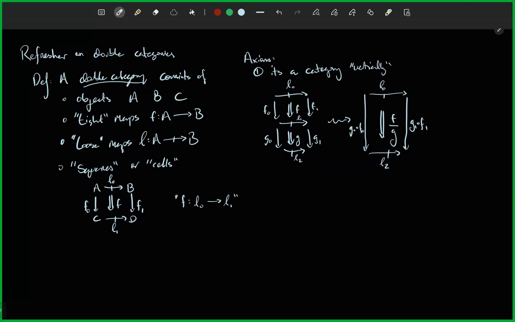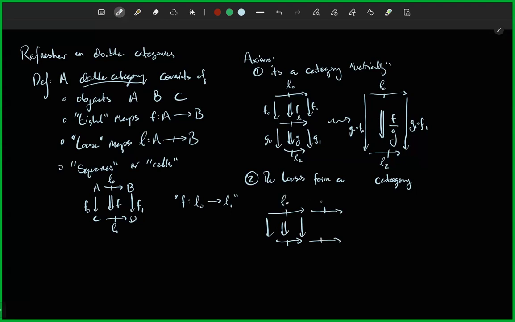And then for it to be a double category, too, the looses form a category. So let me say what that is. We have this other kind of composition here.